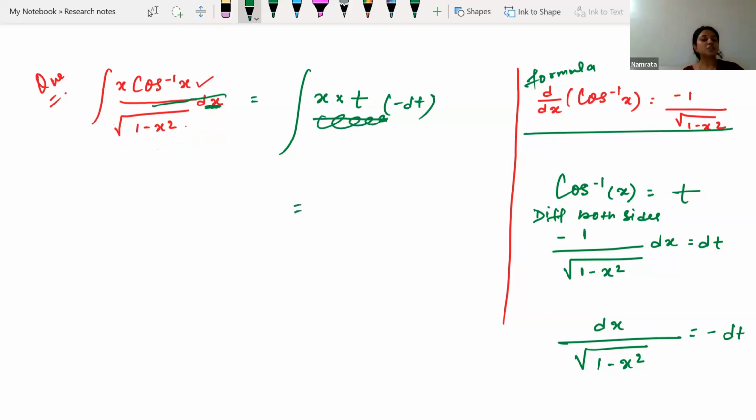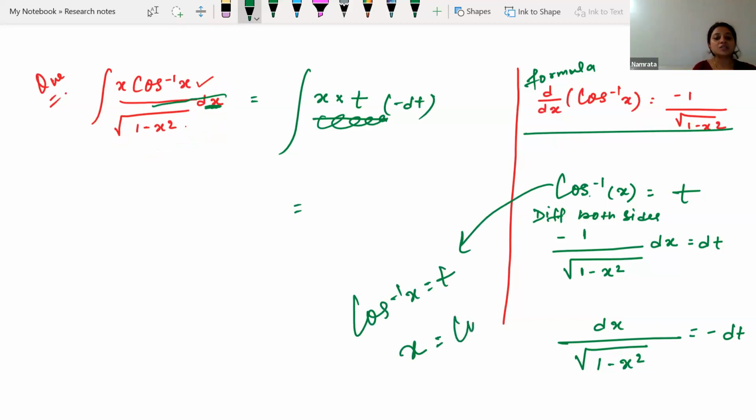We are almost sorted, but we are having x over here, and that also we need to write in terms of t. We have assumed that cos inverse x is equal to t, so can I say x will be cos t?